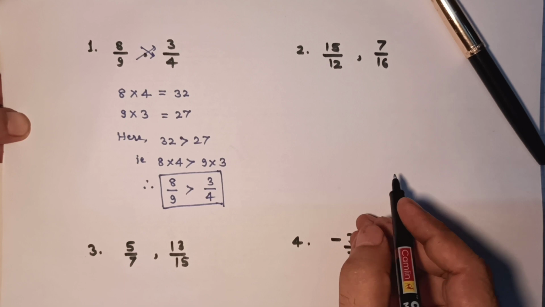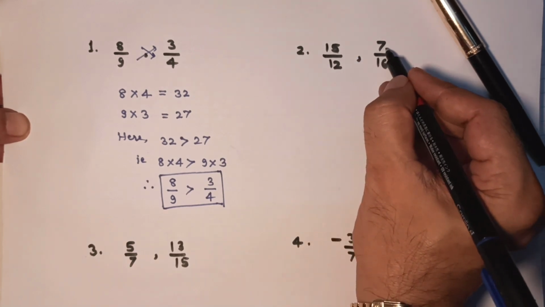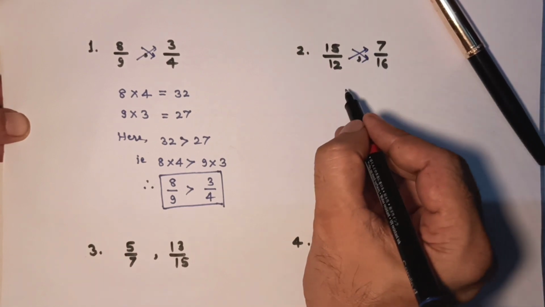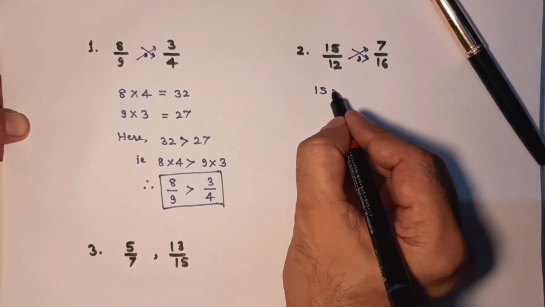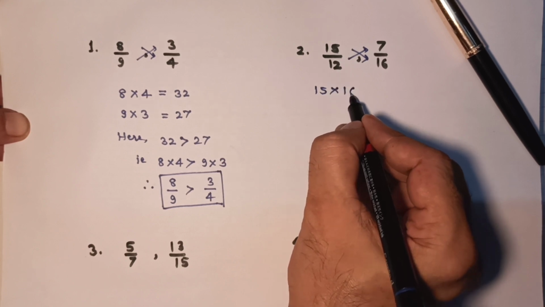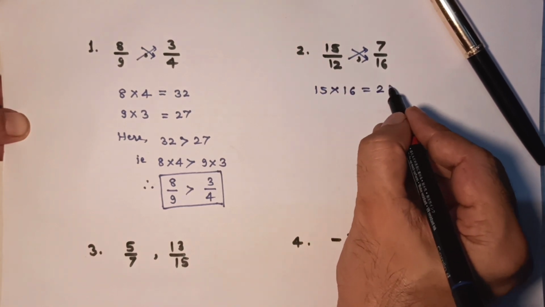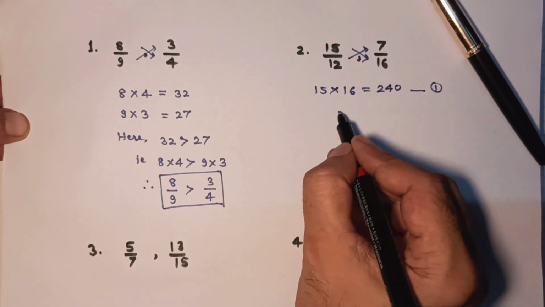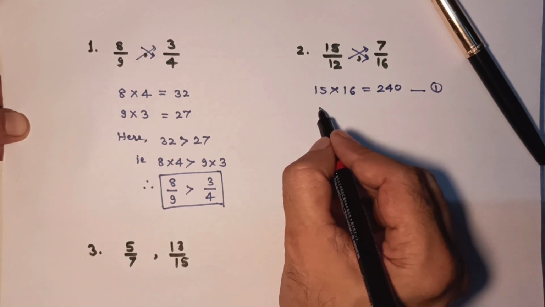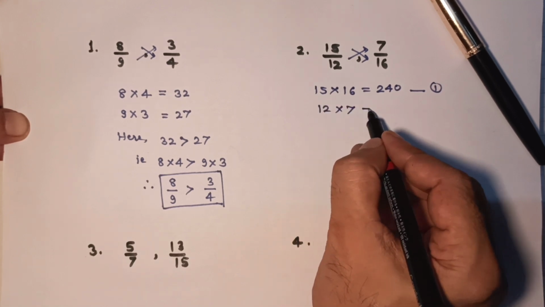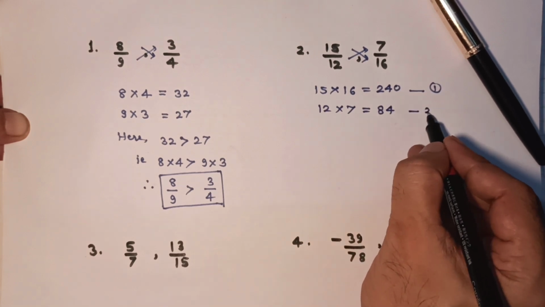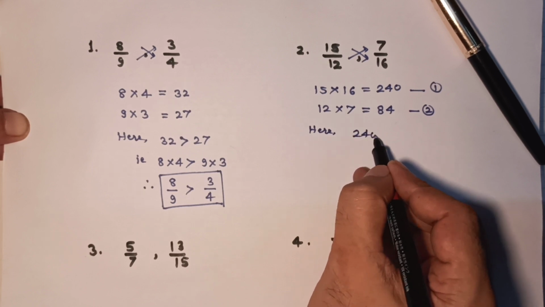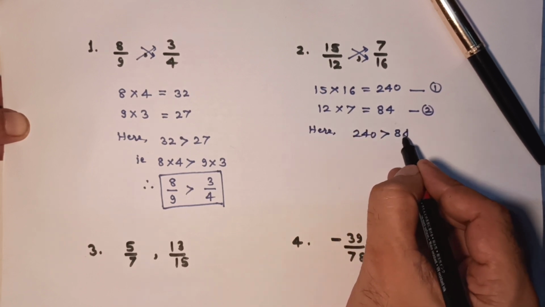Same way solve the second question. Here 15 upon 12 and 7 upon 16. If you use the rule, cross multiply, 15 into 16, your answer will be 240. And here 12 into 7 is 84, which is your second product. You can say here 240 again is greater than 84.